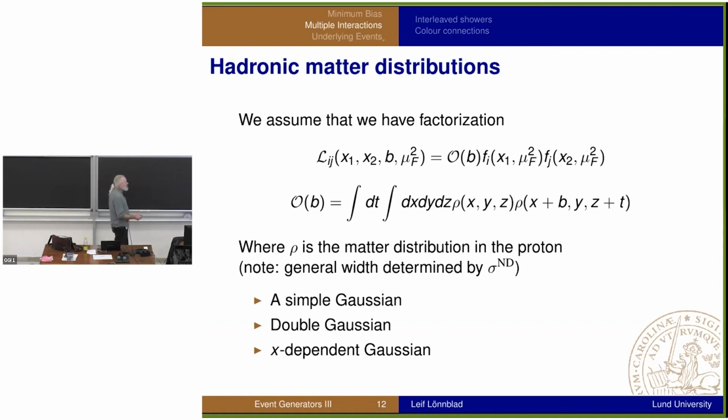And then this rho is a matter distribution in a proton, and we know approximately what it looks like. It should be something like a Gaussian. Everything is a Gaussian. But you can toy around. You can have some x dependence in it, because we know that there are a lot more particles around when you have small x.